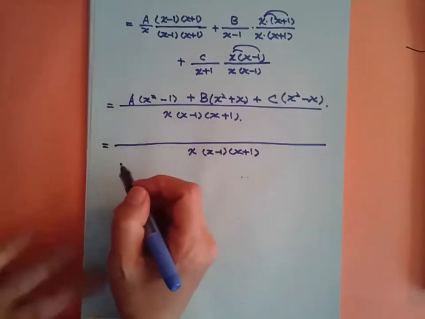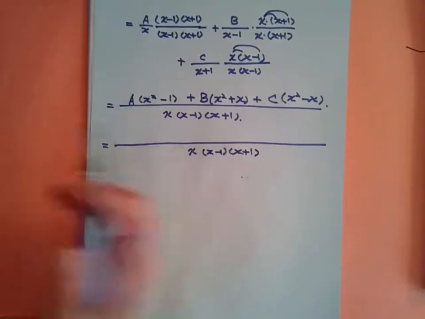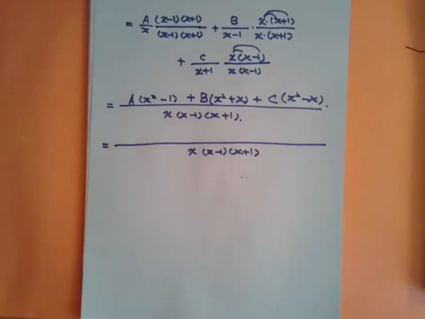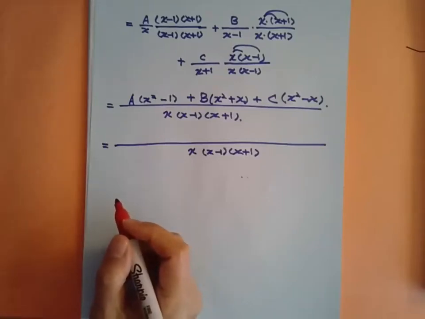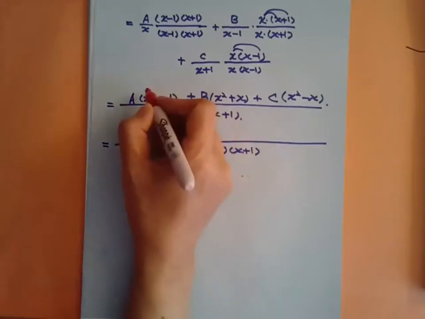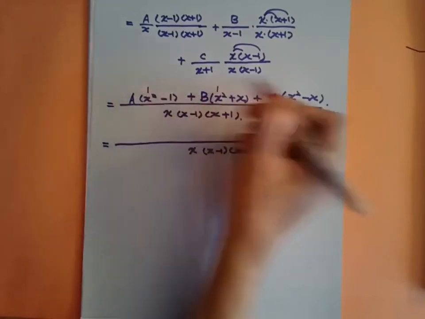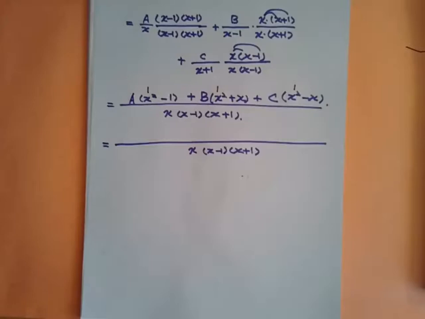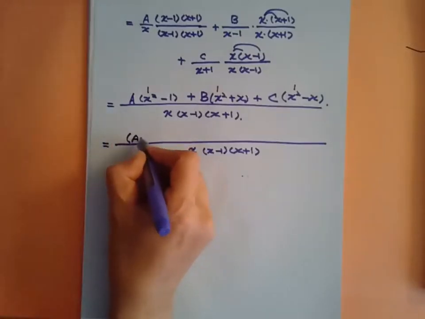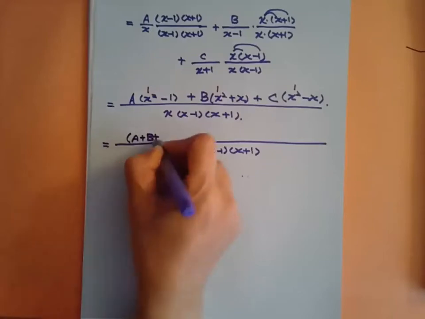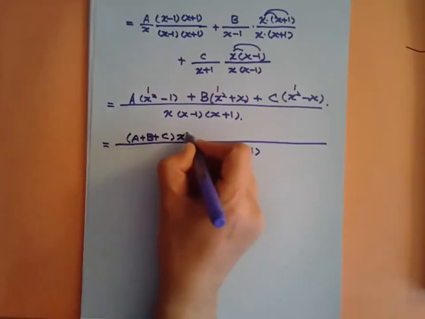And then we will think about the degree 2 terms together. That'll be this one and this one, so that'll be a plus b plus c times x squared.